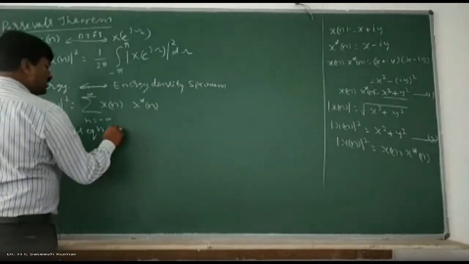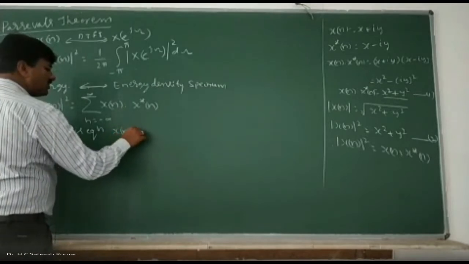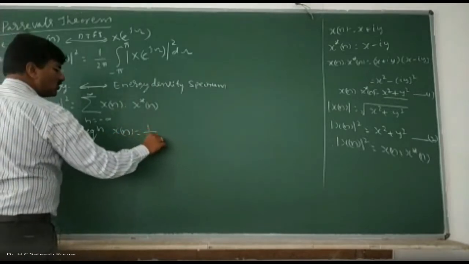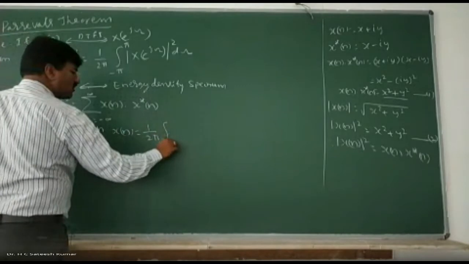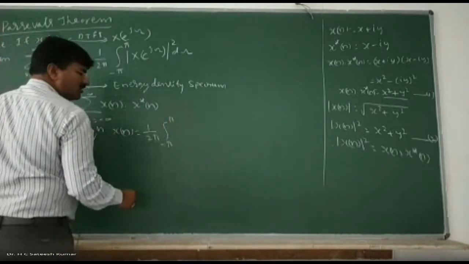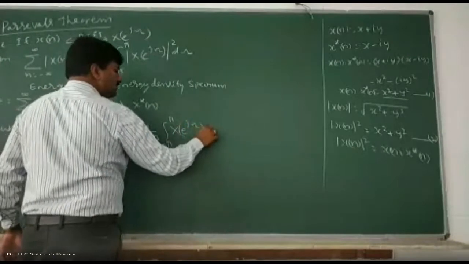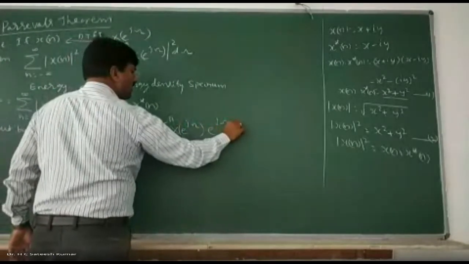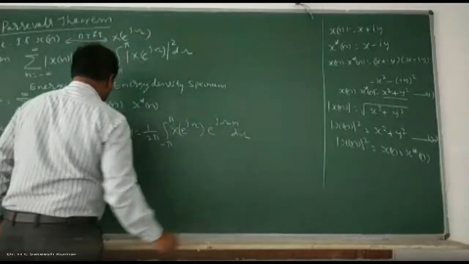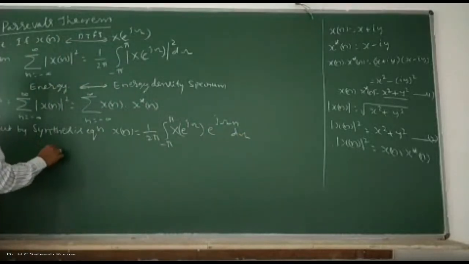That is given by x of n is equal to 1 over 2 pi into integration from minus pi to plus pi, x of e to the power of j omega into e to the power of j omega n into d omega. Therefore, let us take the complex conjugate of it.